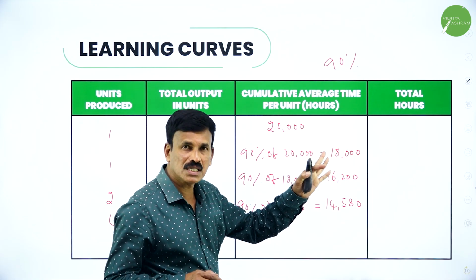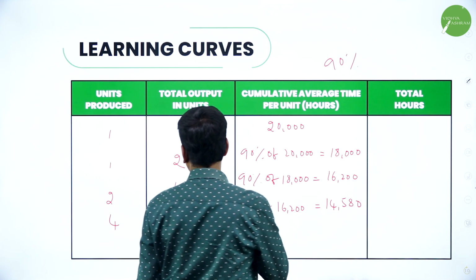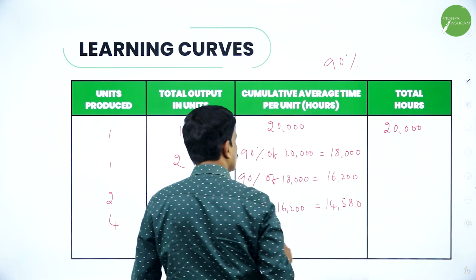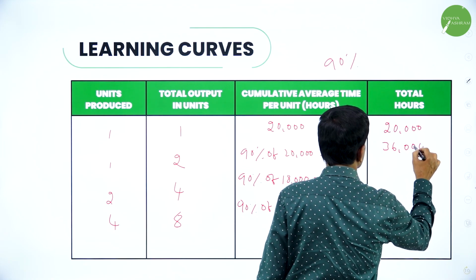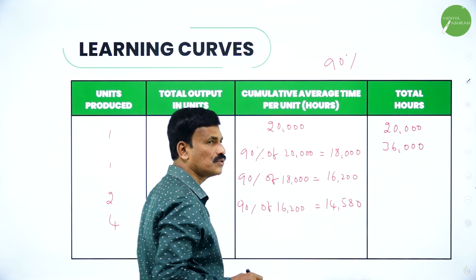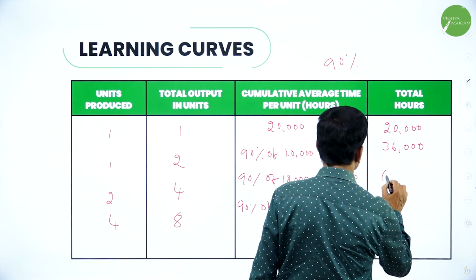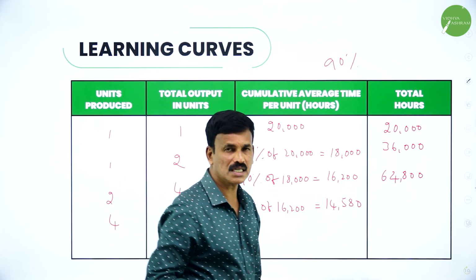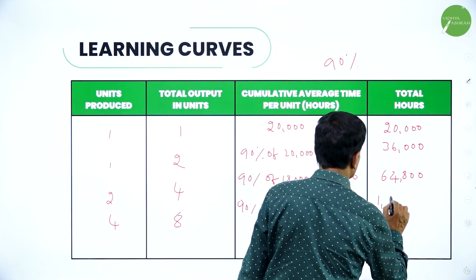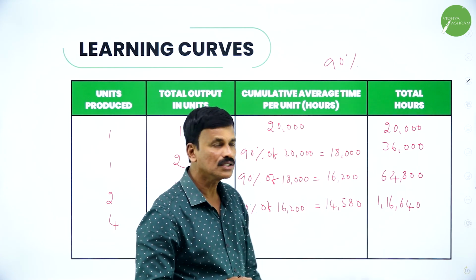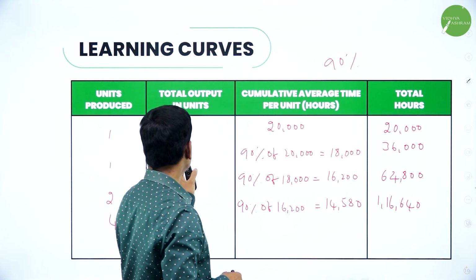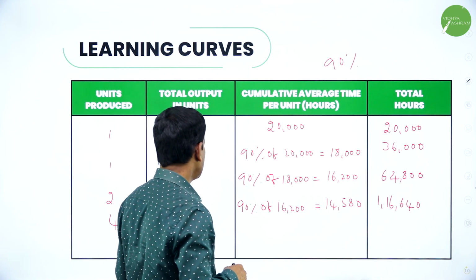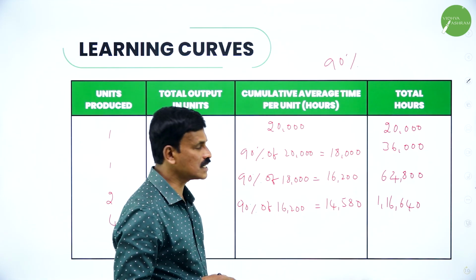Next calculate the total hours. So multiply it. 1 into 20,000 is 20,000, then 18,000 into 2 is 36,000, 16,200 into 4 is 64,800, then 8 into 14,580 is 1,16,640.